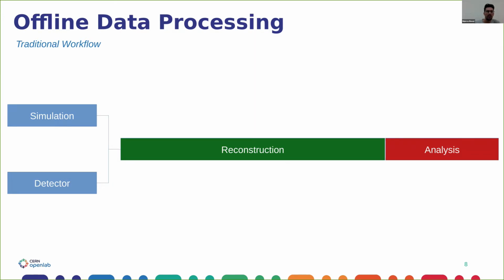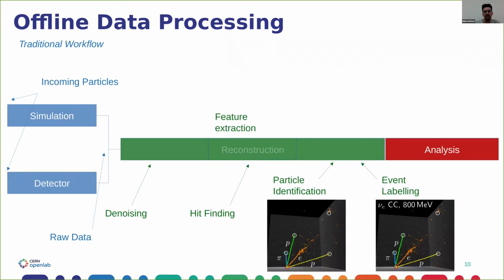Initially we have a simulation or detector that simulate or measure the incoming particles and produce this raw data that I just explained before. And after that, we have the reconstruction step, that is kind of a feature extraction.